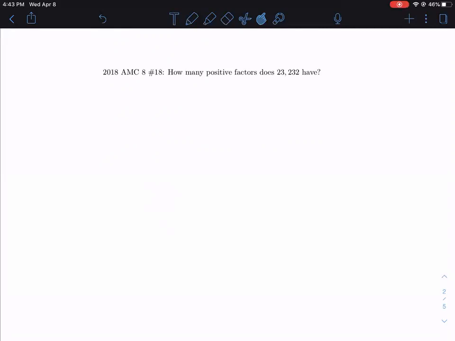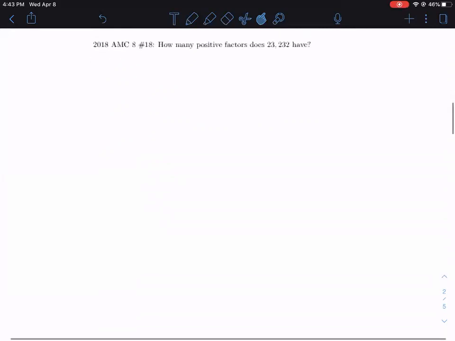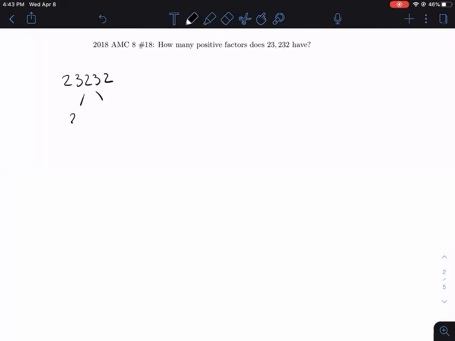Okay, so Ryan basically just prime factorized it very quickly. So let's draw a tree because we're not that fast. So this is equal to 11616, and we do it again.